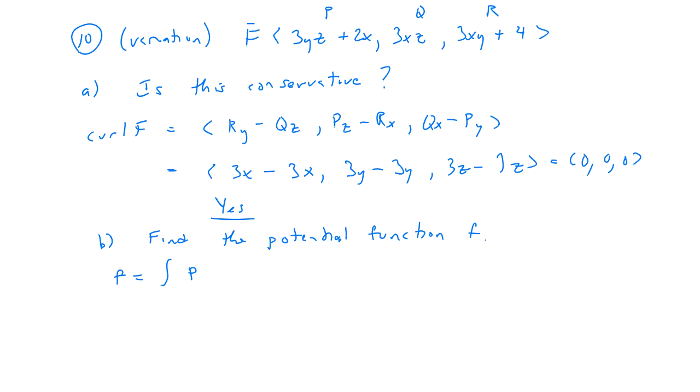Yep. So I get the 3xyz plus x squared. And since it's just with respect to x, I might be missing y's and z's. And then q with respect to y, r with respect to z. And so I get, again, the 3xyz, and that's it. Again, I might be missing x's and z's.